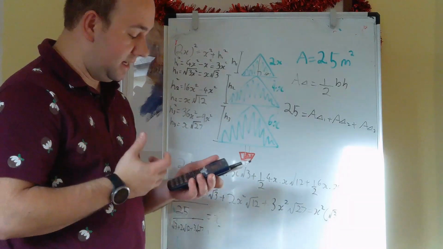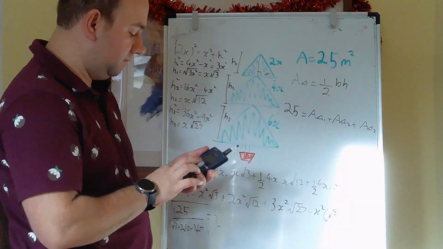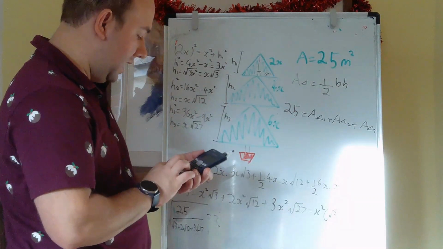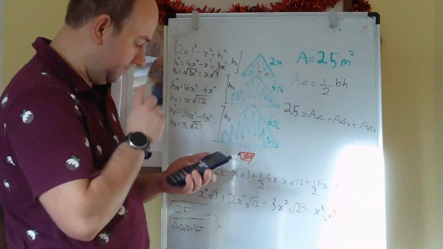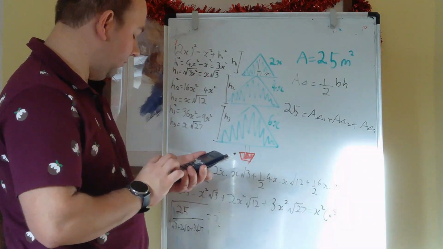So when you're using a calculator, we need to be careful with brackets. So I'm going to start off with the root, open the brackets, and I have 25. And I'm going to be dividing that by opening another set of brackets.